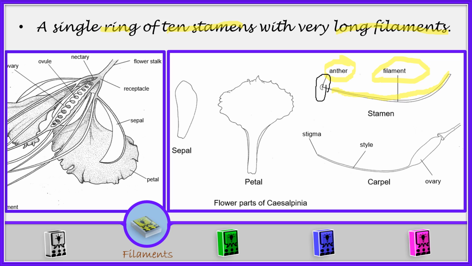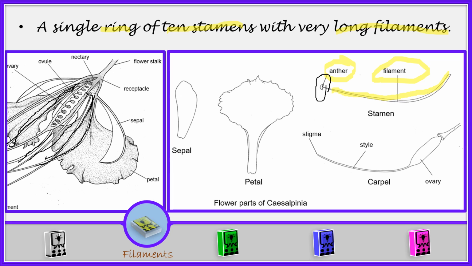Now, when you come here, they form a ring around the base, and that ring is made up of 10 stamens. So you will see we have stamens here, there, that side, and this side.